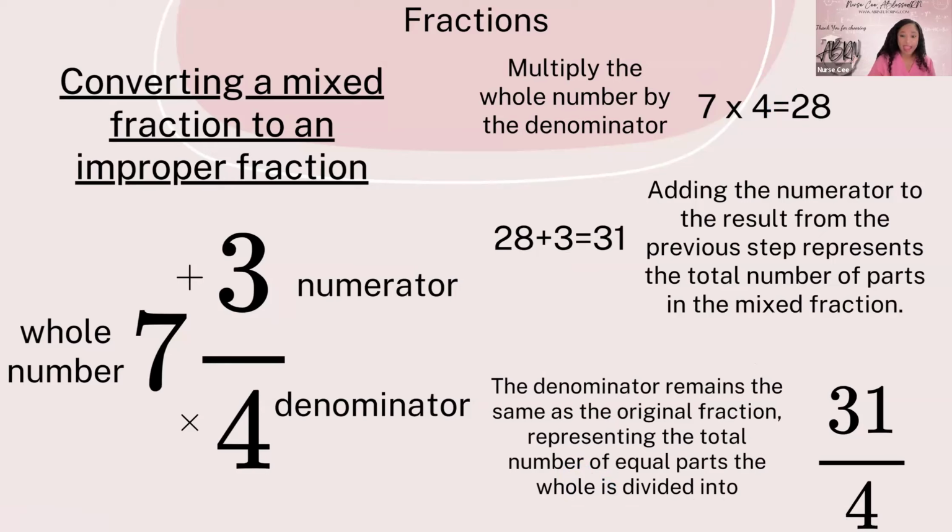And then you add your numerator to that number. So the 28 plus 3 equals 31, and your denominator remains the same as the original fraction. And that's going to represent the whole number of the equal parts the whole is divided into. So our final answer would be 31/4.